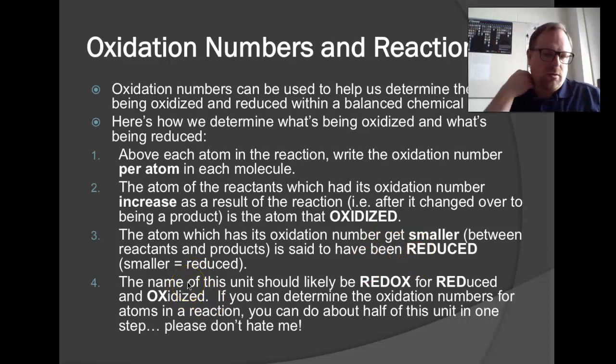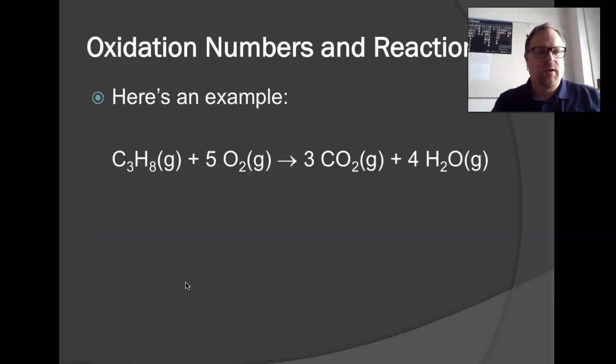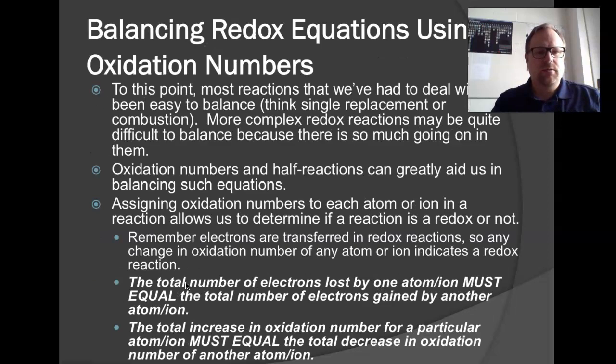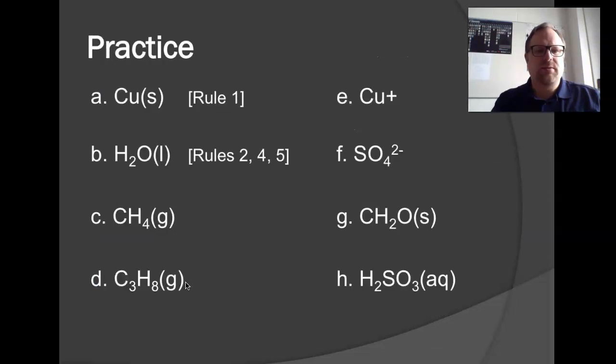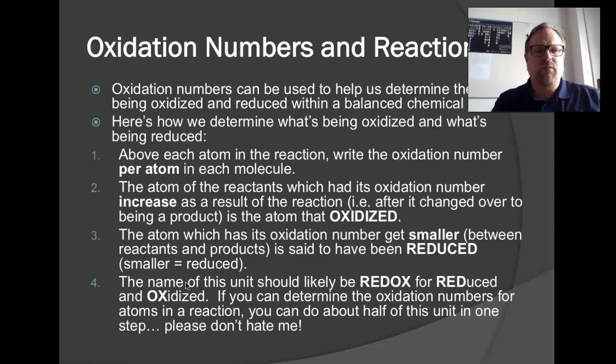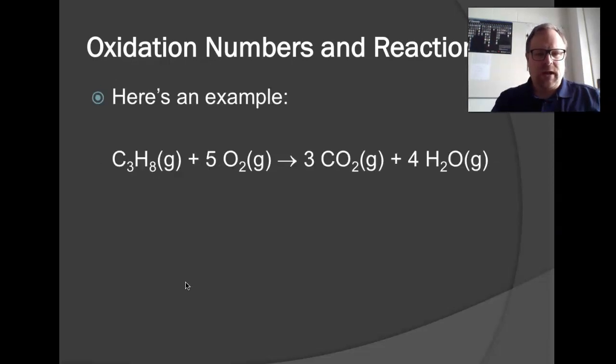That's why we call this unit a redox reaction or redox unit, because that's really what it's all about: reduction and oxidation. So that's just a bit of a summary of what I wanted you to work on in that last worksheet.